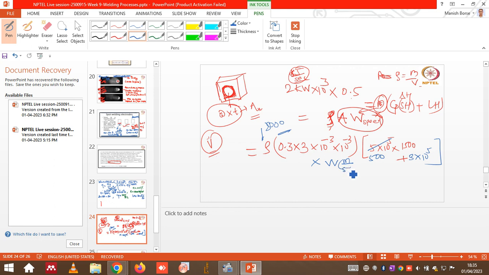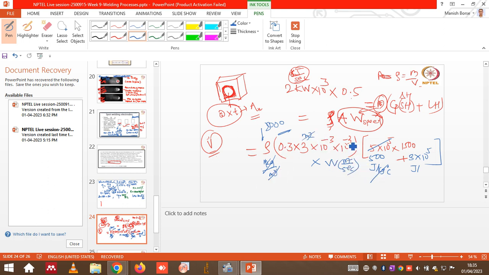Here we converted all the quantities to SI units in meter, like 10 raised to minus 3 for the thickness, and the values given in kilojoule per kg degree Celsius became joule per kg. So joule per kg, and this is kg per meter cube, so kg gets cancelled. Meter cube, meter square and meter per second together give meter cube, so meter cube gets cancelled, and what remains is per second.